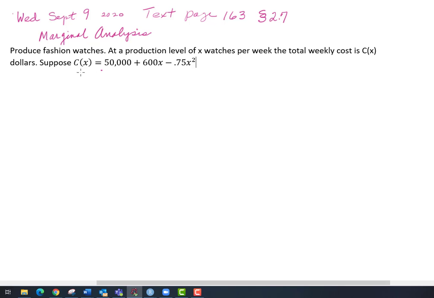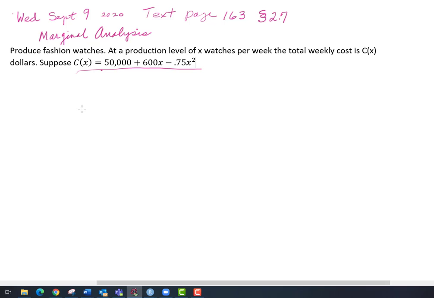C of X is $50,000 plus 600X minus 0.75X squared. So that's the cost of producing X watches.